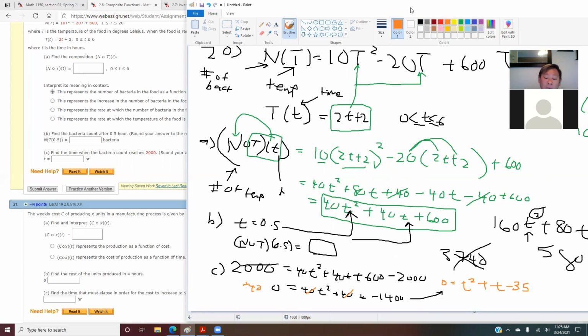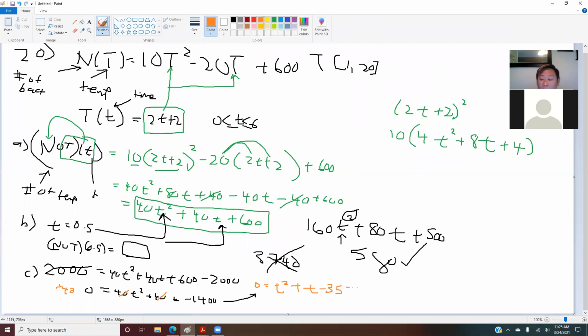So this is usually what I do first. And then with this, I can use my quadratic formula. I don't think you can factor this. No, because it's 35. So negative B, so it's negative 1, plus minus square root of B squared, which is 1, minus 4A, which is 1, and C is negative 35, all over 2A, 2 times 1, which is 2.